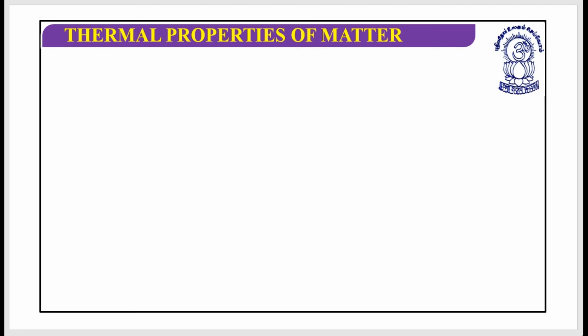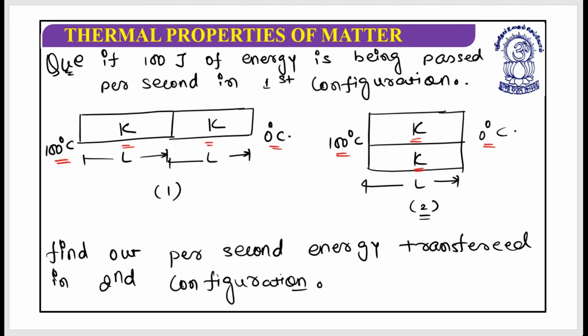Temperature difference is the same, but now these two slabs are connected in parallel. So if I look at this situation, I is equal to theta 1 minus theta 2 by R, or this should be written as H, the heat current. As it is per second, it could be written as 100 joule per second.